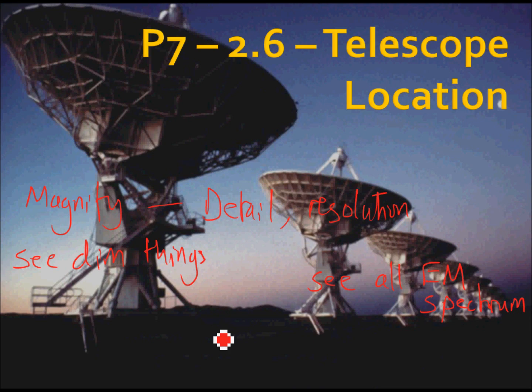So these are all considerations we're going to take when we make a telescope. These are all things we're making a telescope for, but there's no point placing our telescope somewhere on Earth where we're not going to be able to do all of these things. Now, what do we see above these telescopes here? These are radio telescopes all looking up into space, and what is up above them? The sky.